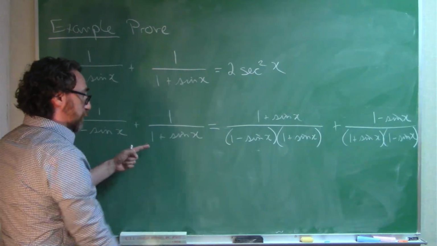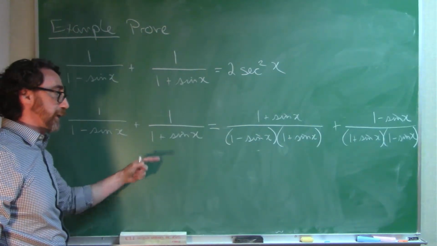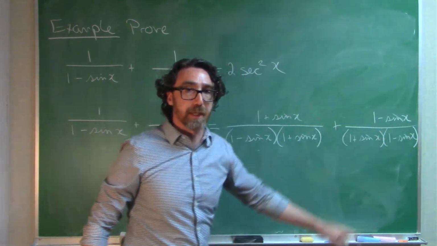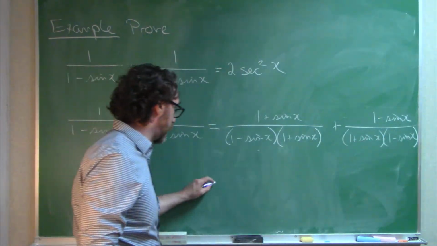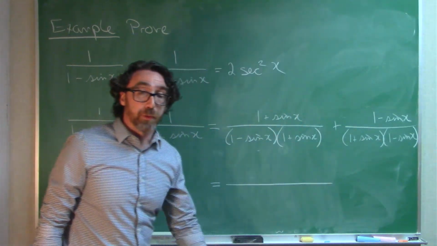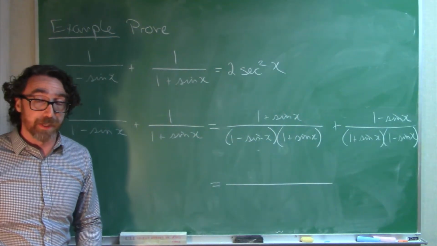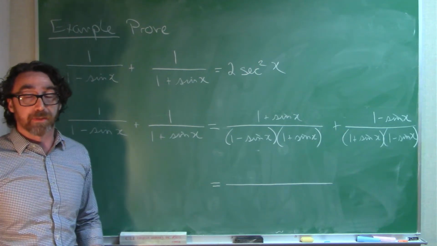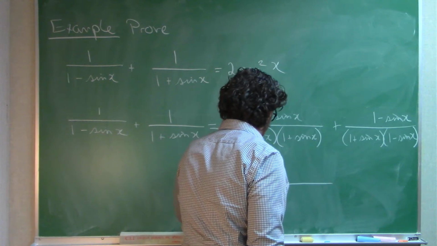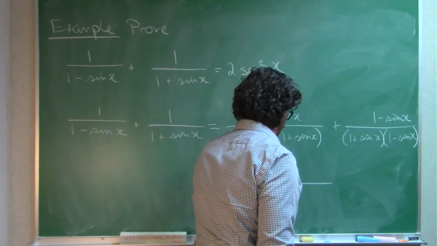The second fraction already had the 1 plus sine x, so we're going to hit it with 1 minus sine x, top and bottom. Now that you've got your common denominator, you can combine the numerators and put that over the common denominator.